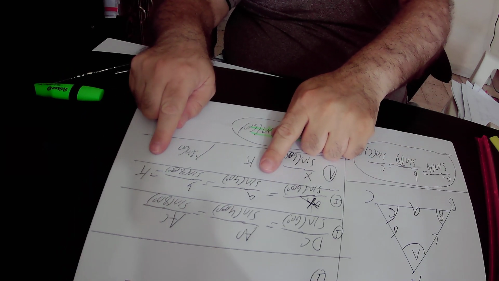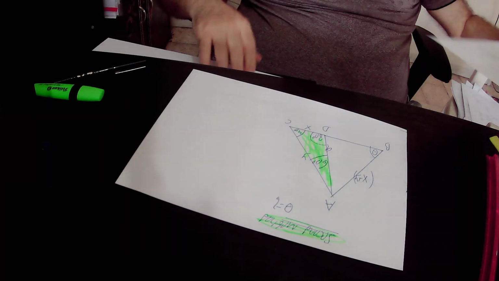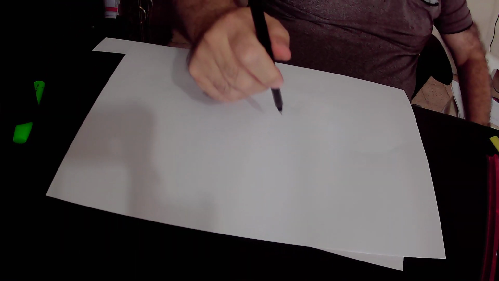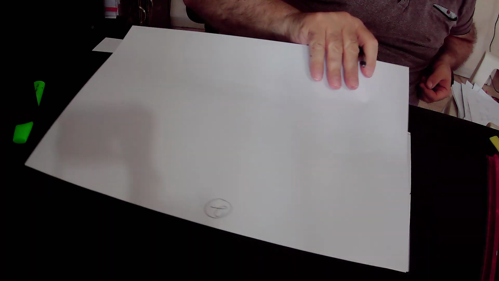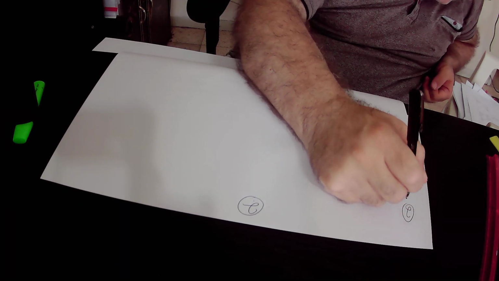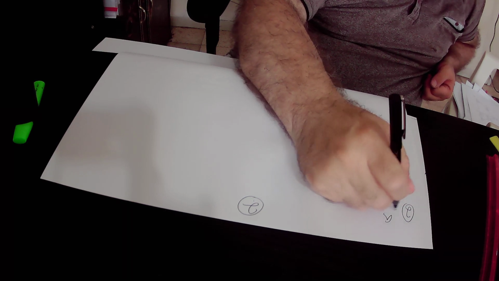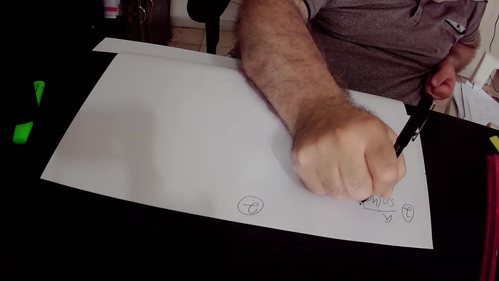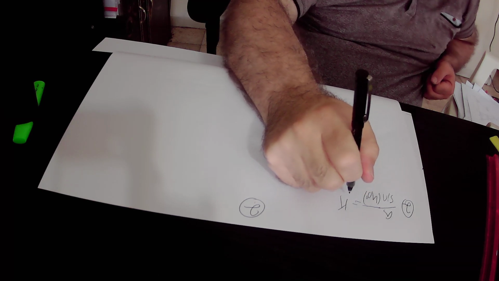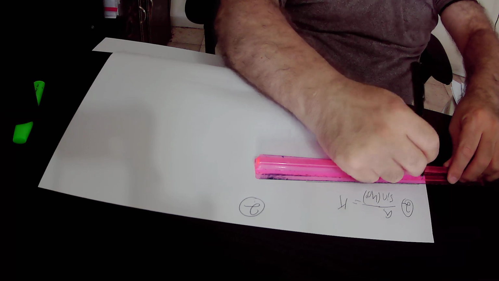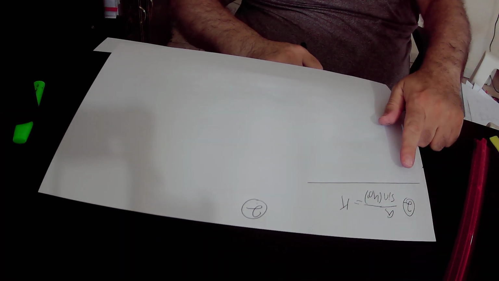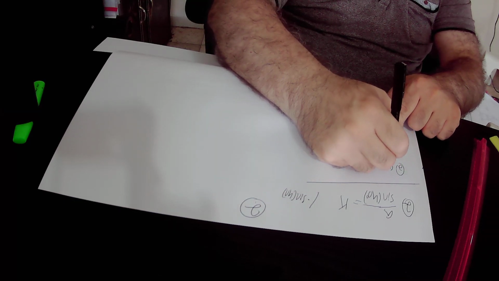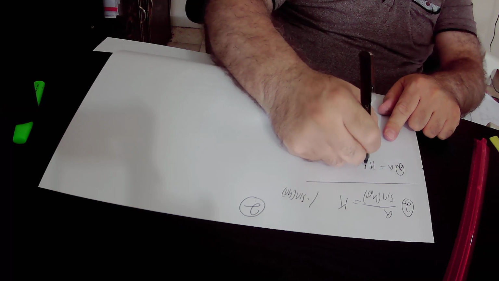Here, those two expressions are also equal to each other, so I can write down that A over sine 40 degrees equals K. Here we multiply this equation number 2 by sine 40 degrees, and we get that according to equation number 2, A equals K times sine 40 degrees.